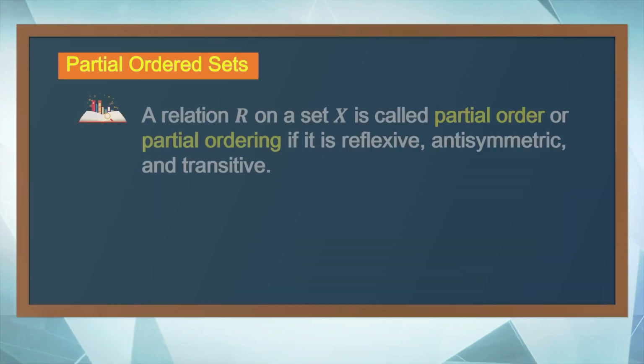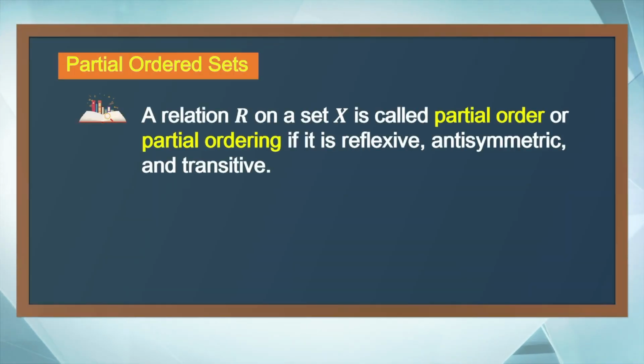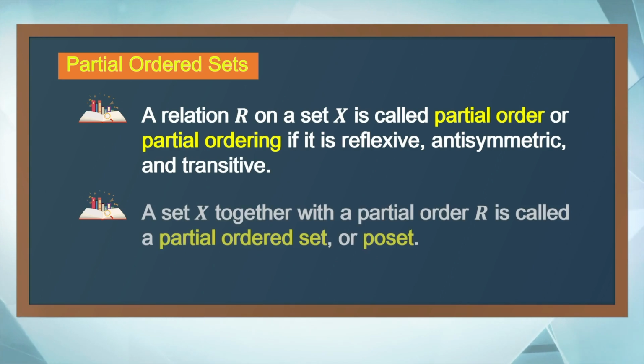Next, the definition of partial ordered sets. A relation R on a set X is called partial order or partial ordering if it is reflexive, antisymmetric, and transitive. A set X together with a partial order is called a partial ordered set or POSet.